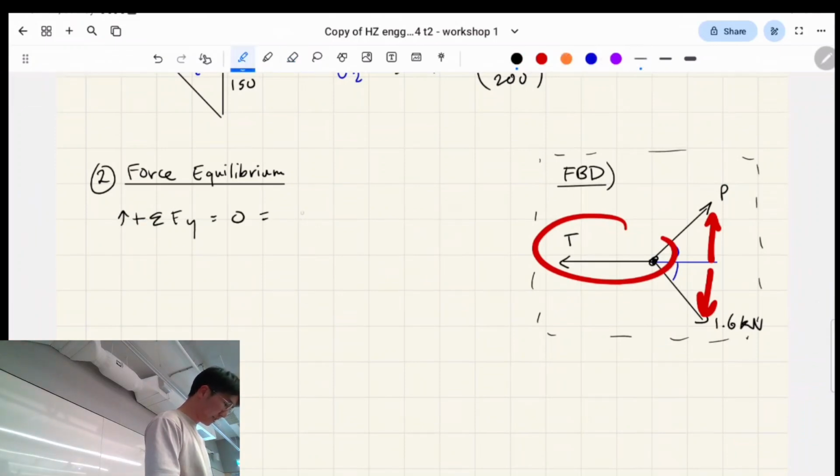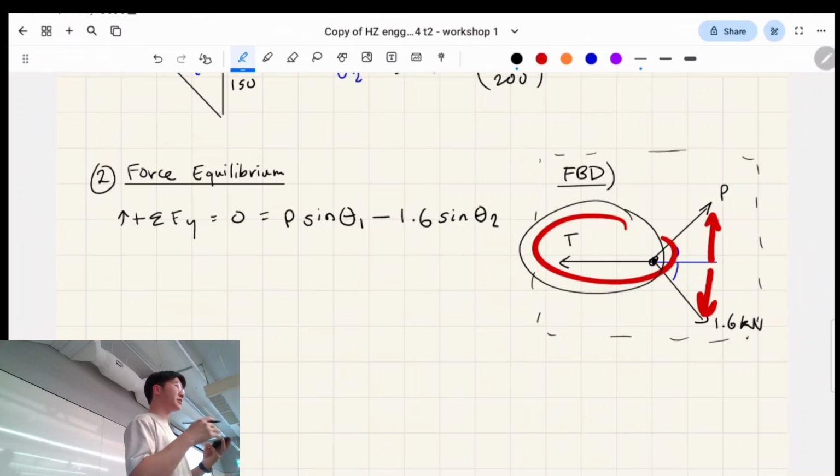So we take the sum of the forces equal to 0 in the y direction. Let's look at this top right force first. That's unknown. That's going to be P sine theta 1. And we're going to subtract the downwards component of that pulling force, right? But we don't have any vertical component for tension, right? So now we're just narrowing it down to one unknown.